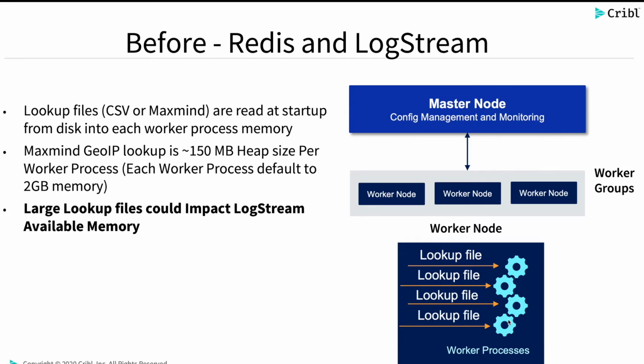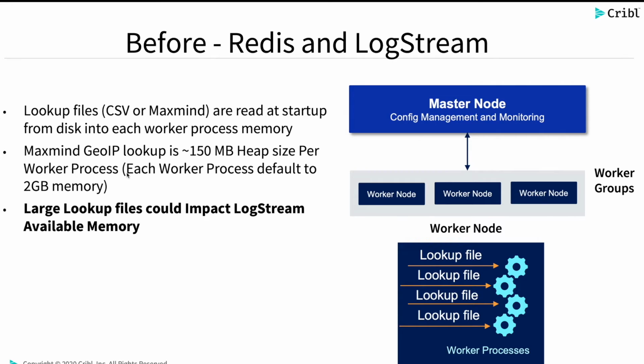The way we deal with lookup files is that upon a start, we will read these lookup files from disk and into each worker process memory. For example, the MaxMind GeoIP lookup is approximately 60 megabytes in size, which translates to about 150 megabytes of heap size per worker process.